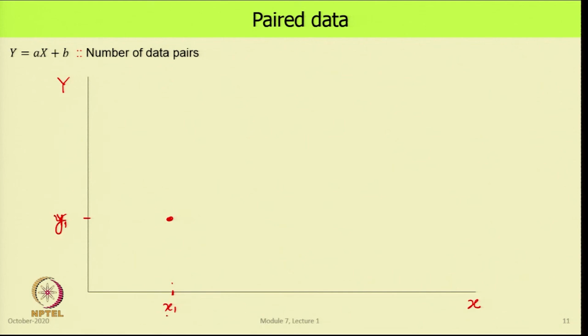So, we got these two numbers x1 and y1 from the experiment, the mean values, and we have just plotted it on this chart. Then we take another pair x2 and say this is y2, and we see where they fall, and we say that this is my point corresponding to x2 y2.